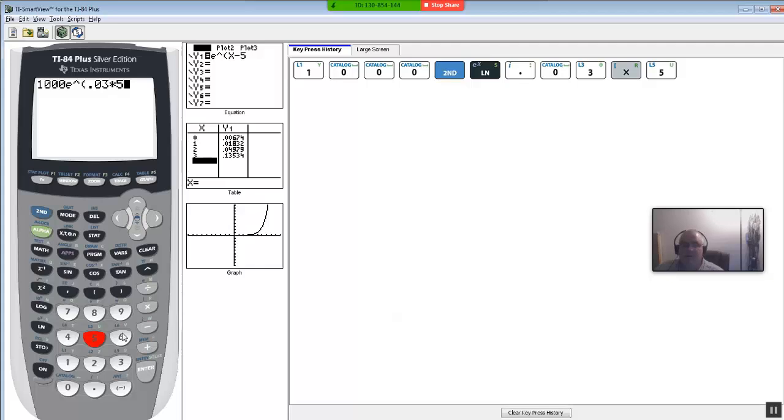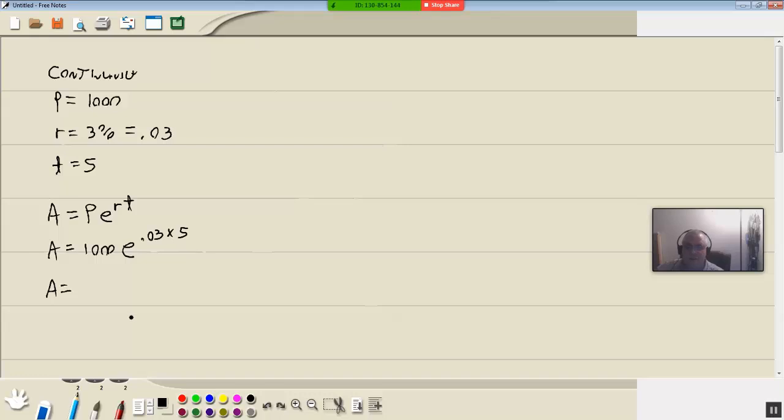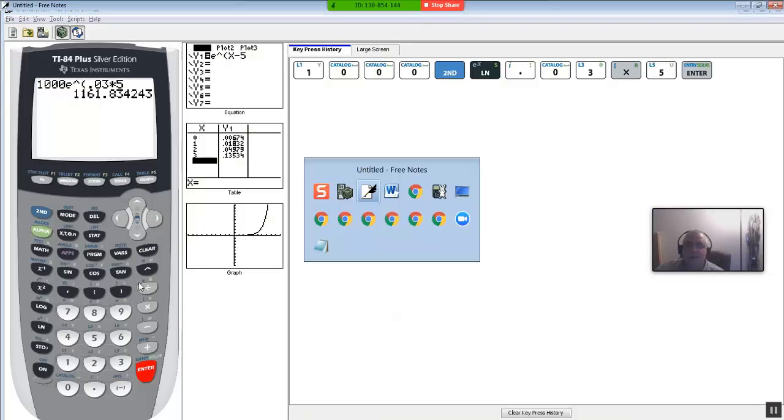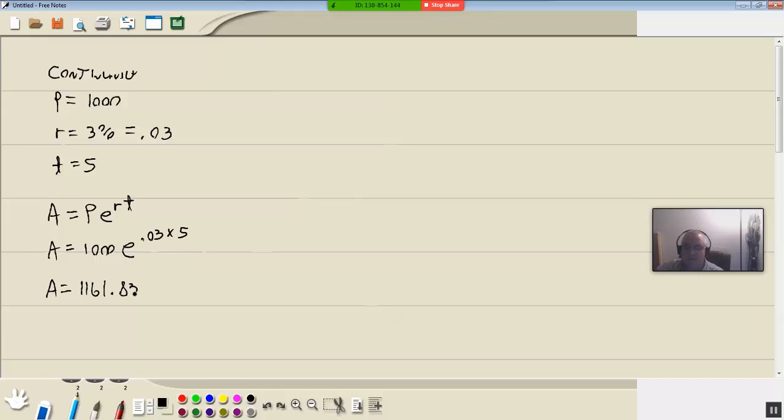When you're working with the compound interest formula, compounded continuously, you don't want to put any parentheses in. And then you press enter, and to 2 decimal places, 0.83. So if we invest $1,000 in a bank account, leave it for 5 years at 3%, this is how much we should have at the end.